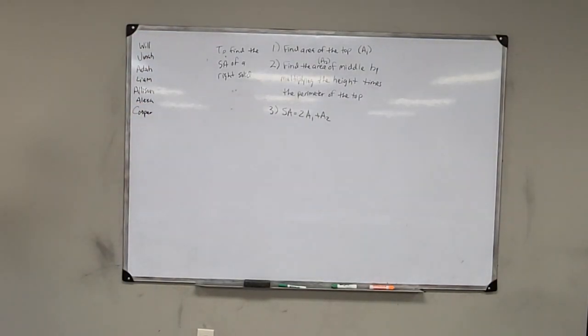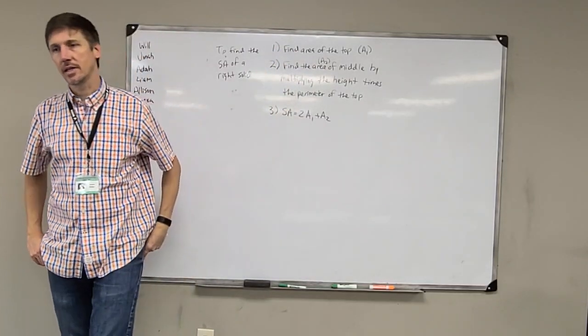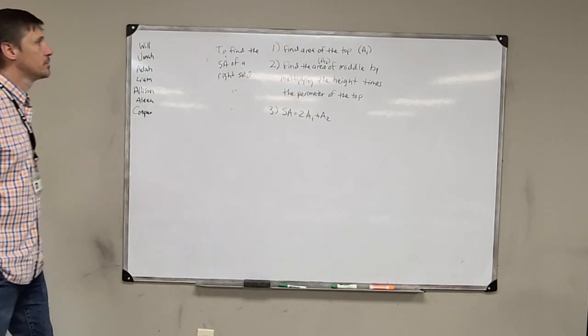So when you break it down like that, the overall process is really kind of simple. It can be involved depending on how complicated this top shape is. It can take you a bit to figure that out if it's got squares and triangles and half circles and all this kind of stuff on it.